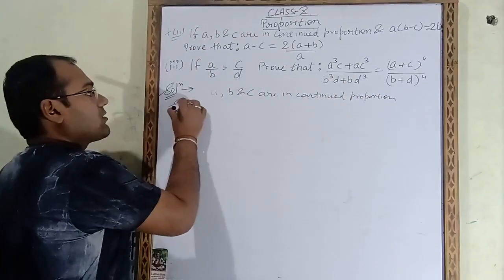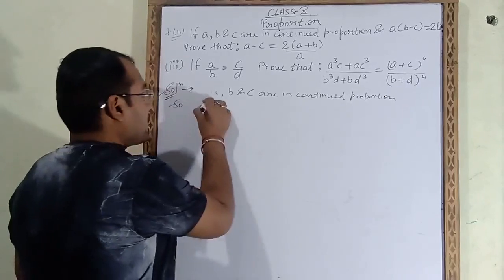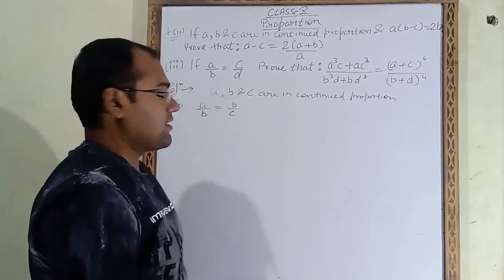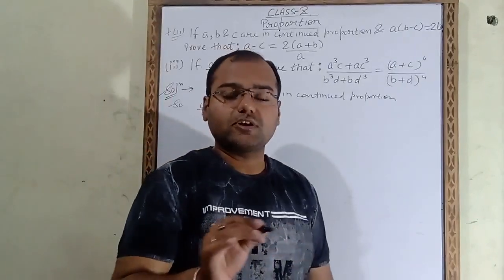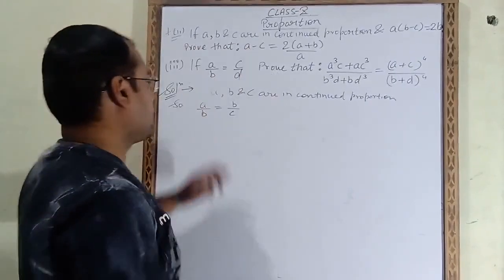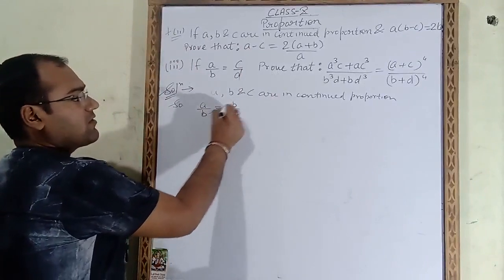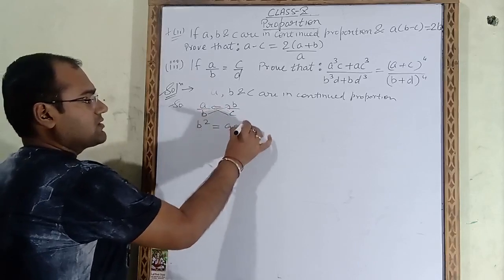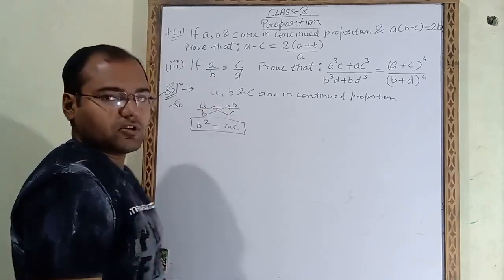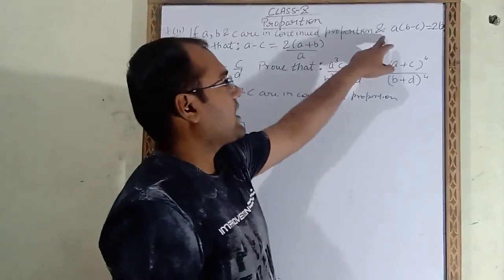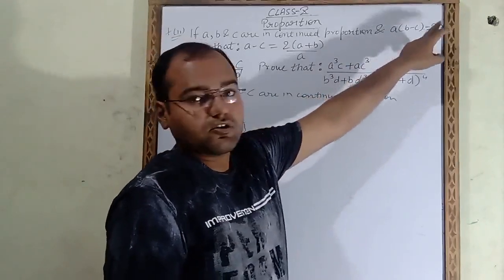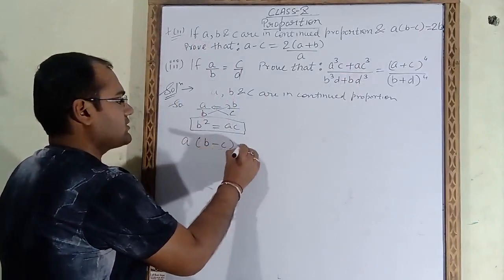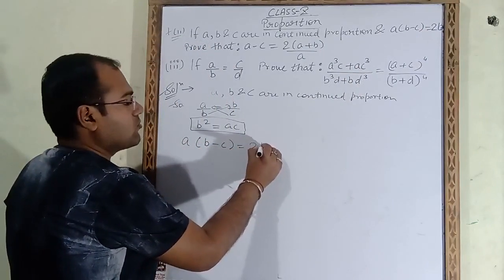So we can take A upon B is equal to B upon C. Formula for continued proportion is A ratio B is equal to B ratio C. So A upon B is equal to B upon C. If we will bring this B here, so this will become B square is equal to AC. That means B square is equal to AC. Now after that he said, and A bracket B minus C is equal to 2B.